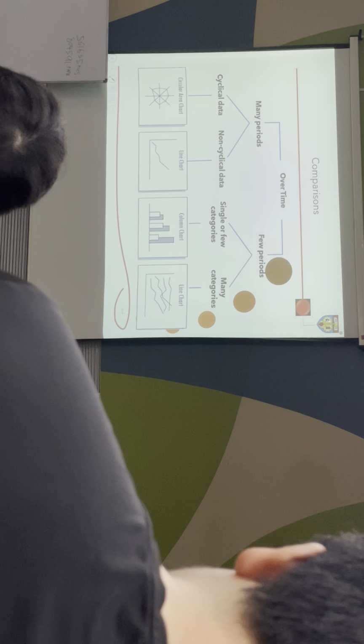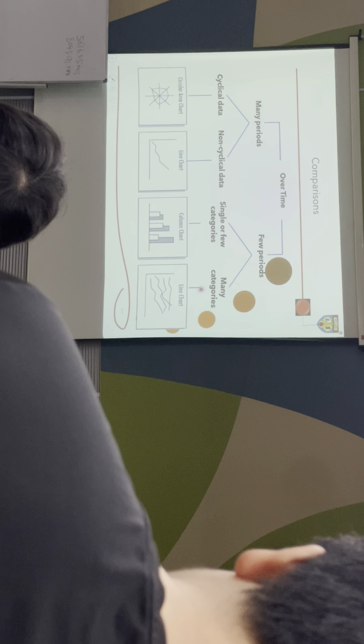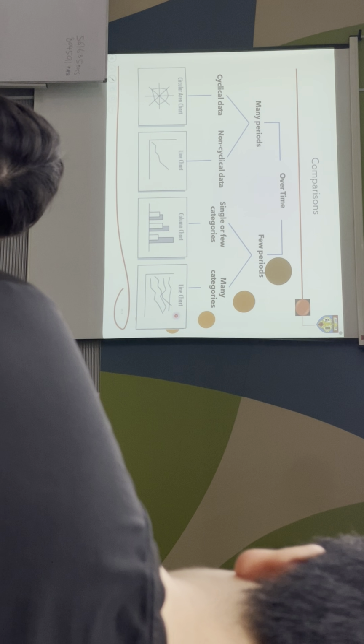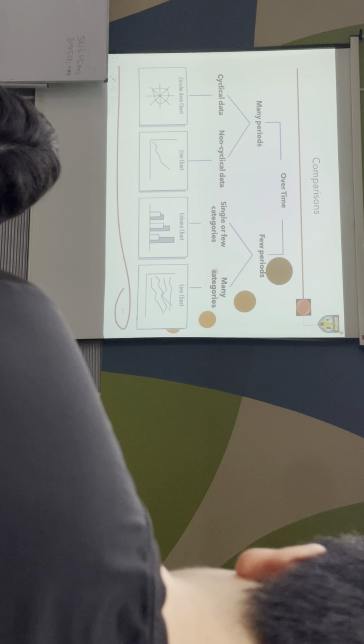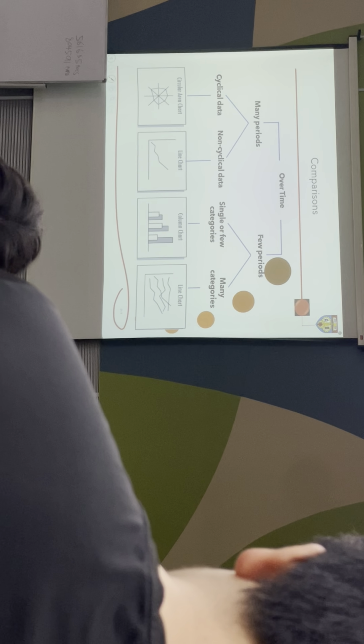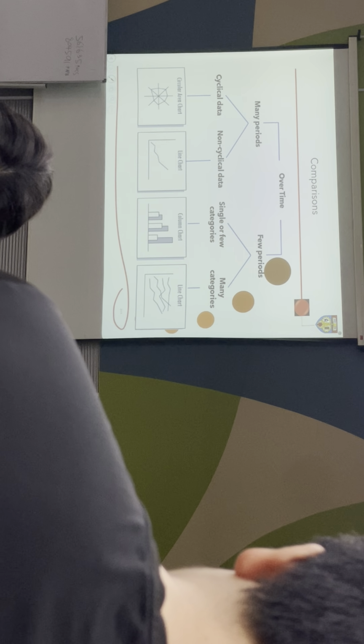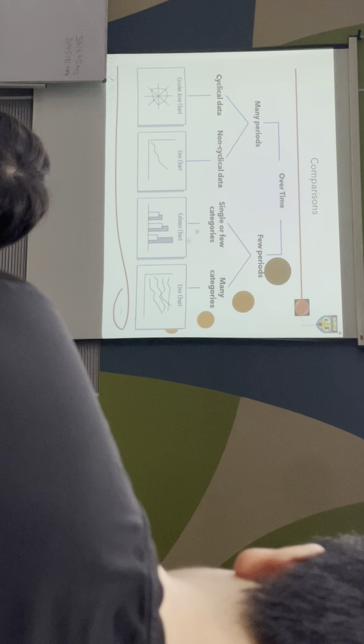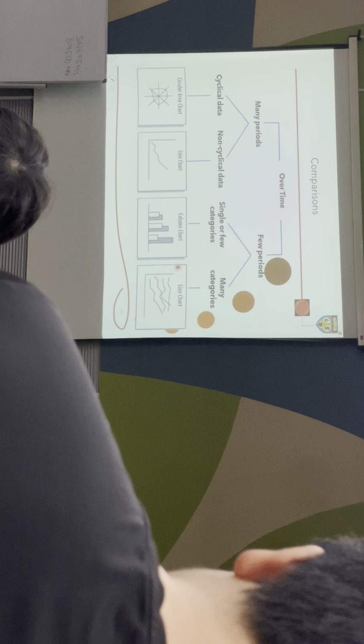Okay, and then for a few periods, we have another two subparts. The first one is related to single or few categories. If you want to compare single or few categories, you can use a column chart.